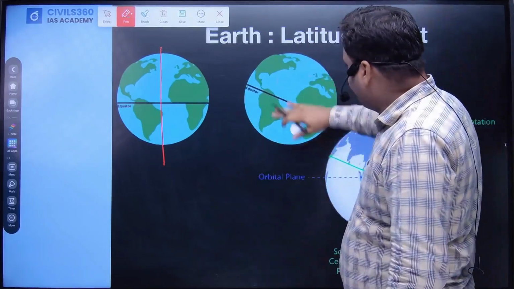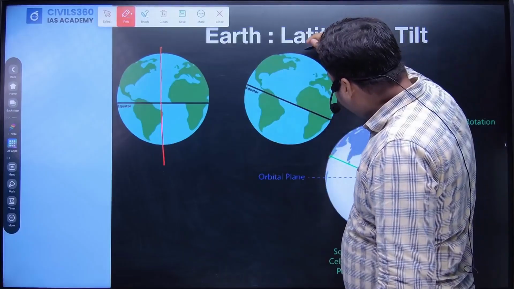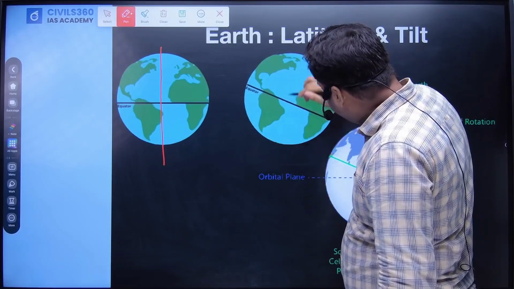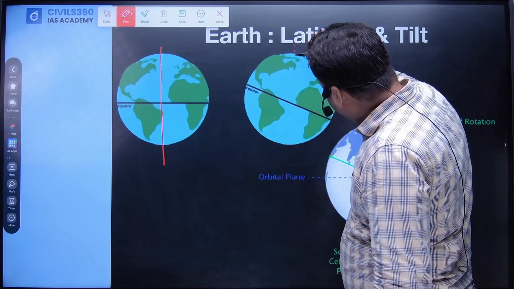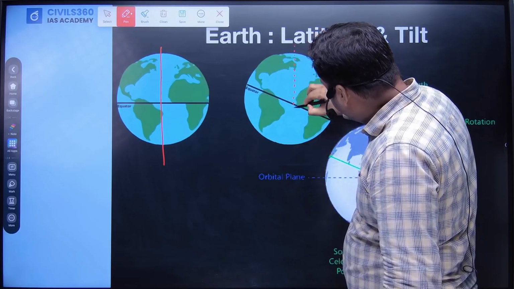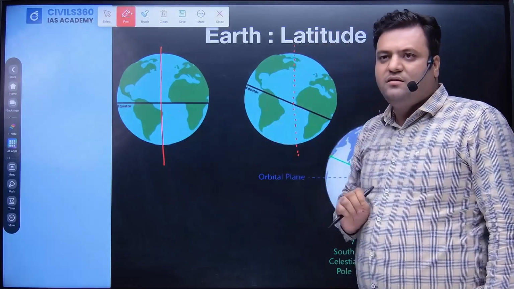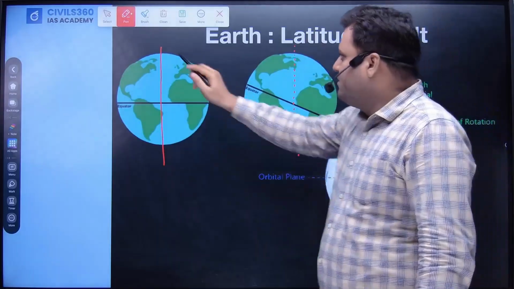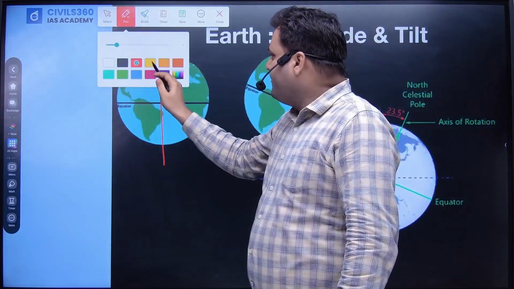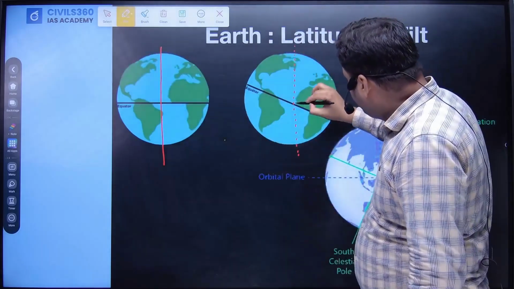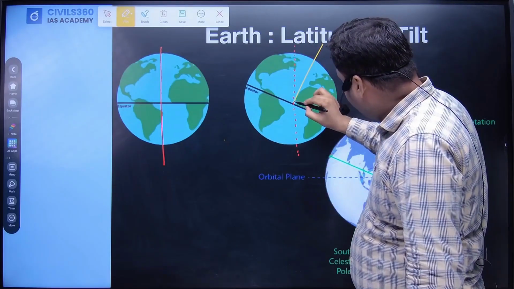what we can say is that this is supposed to be the line of rotation. Okay, similar, but actually we have a rotational axis of our Earth in this way.